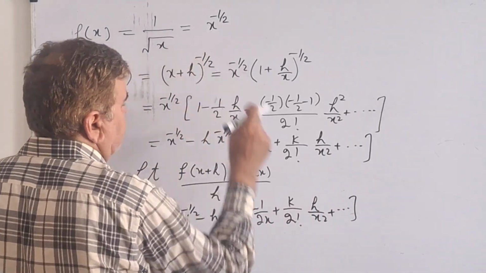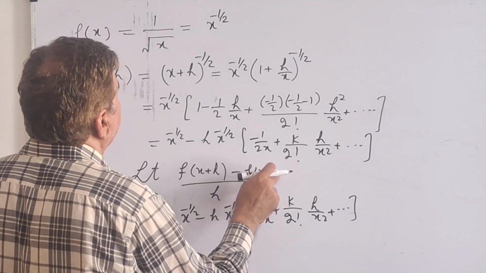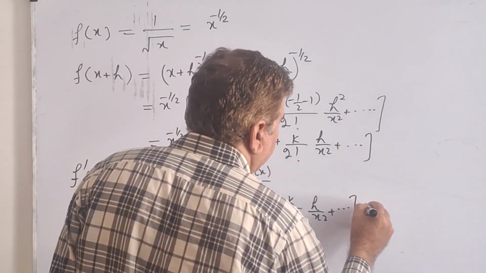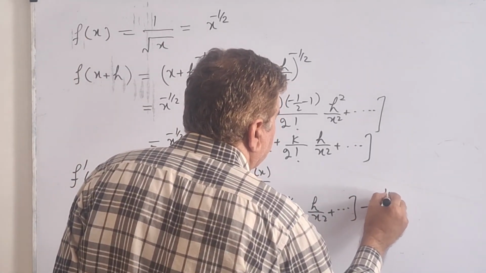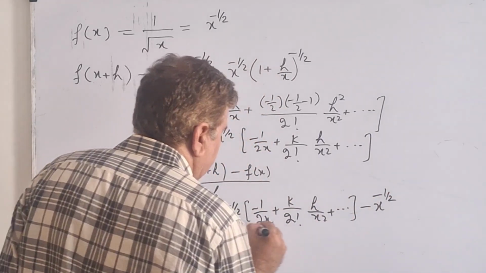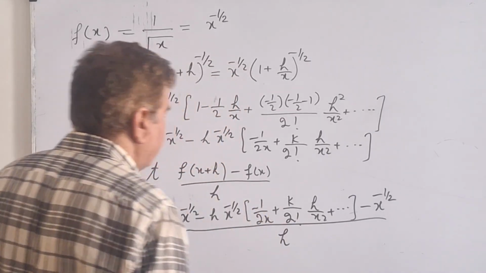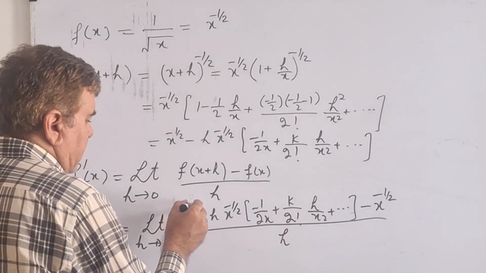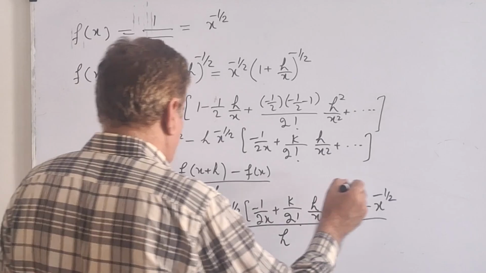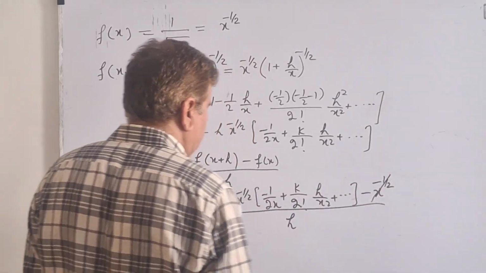And then I put f of x minus f of x, which is this thing, so I write that minus x to the power minus half, and then I divide the whole of it with this h, so it becomes h. Now this thing vanishes with this thing.